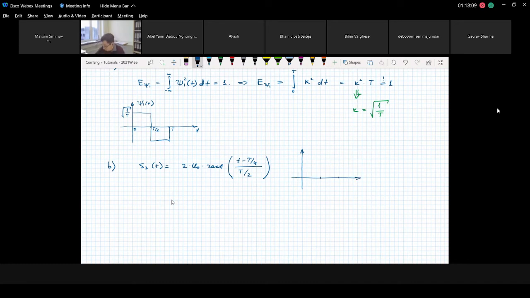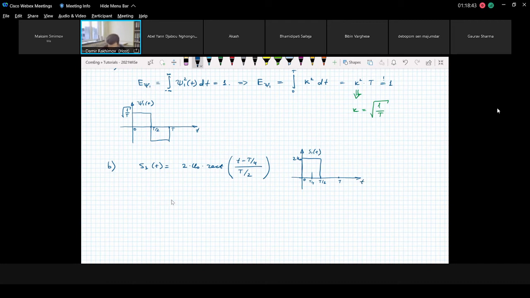It has a center at T over 4, and it has width T over 2. As a result, we can see that it goes from 0 to capital T over 2. We have a pulse in this range with amplitude 2 times u0. This is our first signal.